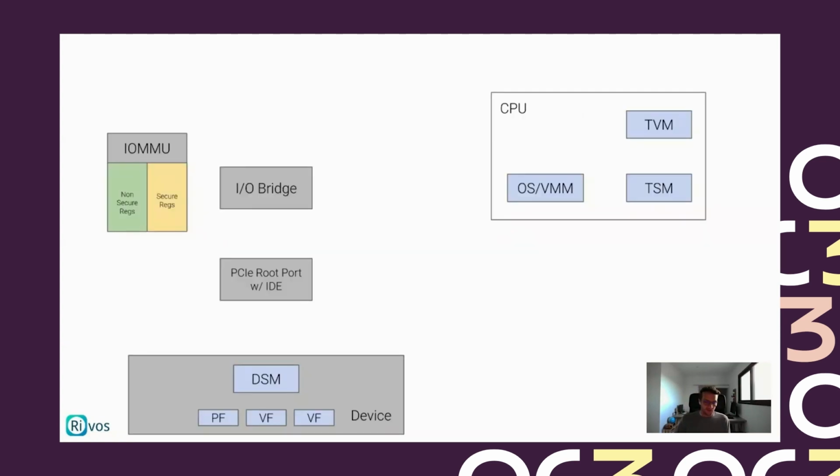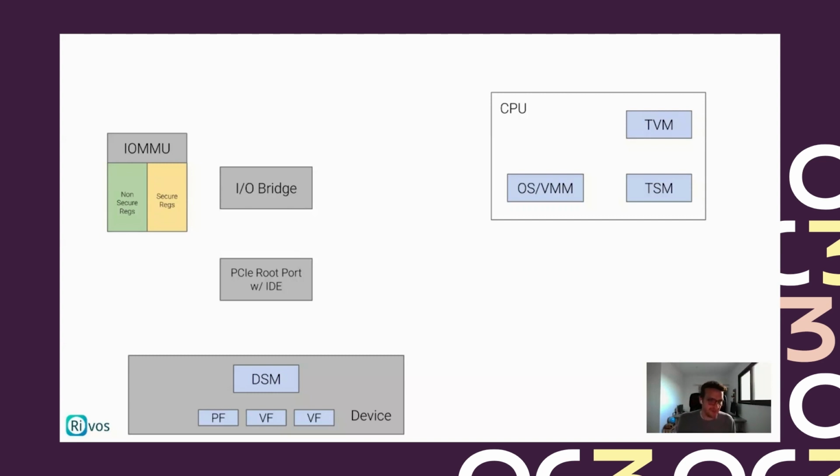Before going into more details on how we want to support the TEIO framework from confidential containers to be able to assign I/O devices into Kubernetes confidential pods, let's have a quick view on how the whole TEIO framework works. On one side, you have the CPU running the OS or the VMM. You have the trusted security manager, and on top of this, a TVM, a TE virtual machine.